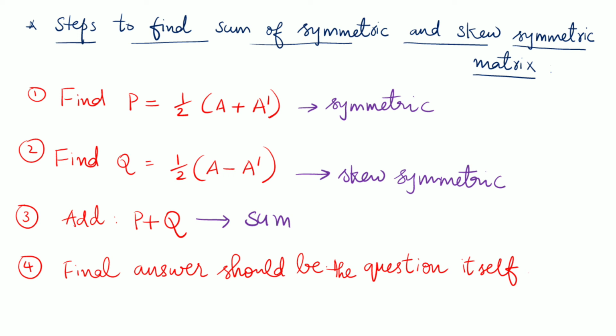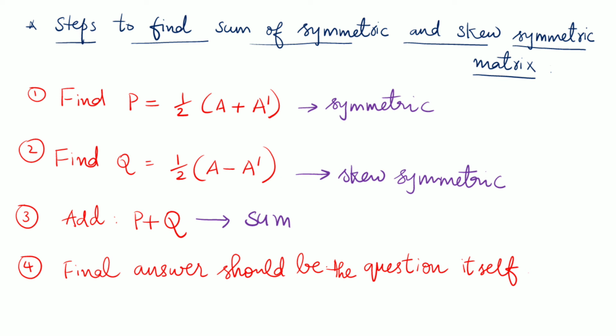This is the first step, and the second step, after finding P, you have to find Q, and this is for skew symmetric. In this you have to find the difference between two matrices and then multiply by 1 by 2.